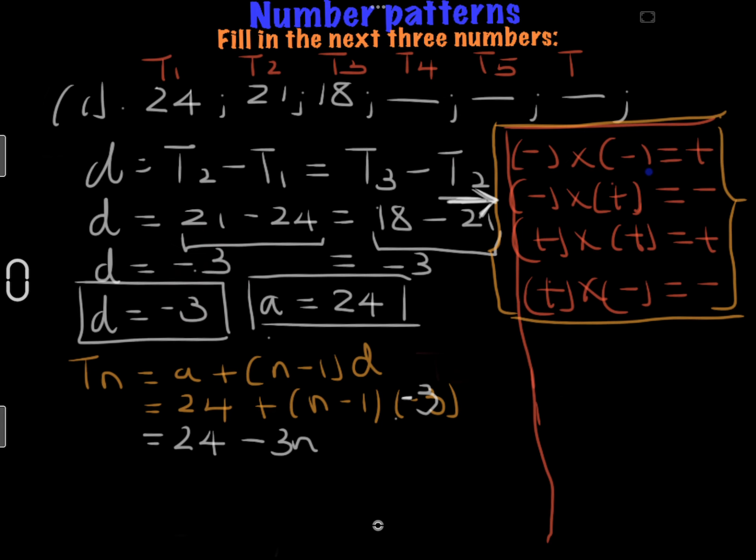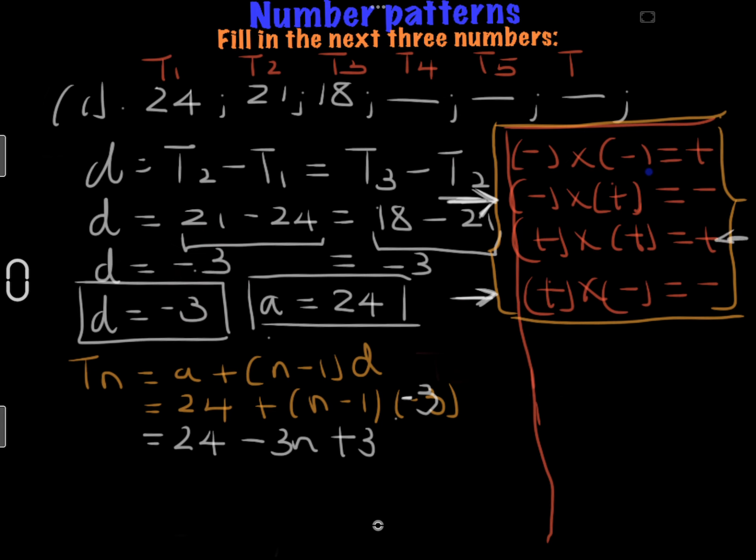Even this denotes the same principle. Negative times positive gives us negative. So negative 3 multiplied by negative 1 gives us positive 3. And we saw that also in our application early on.